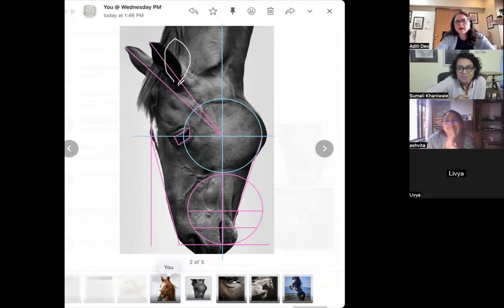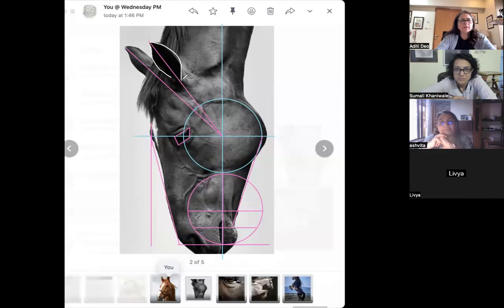And then you wonder, why is it not looking good? Because we just don't see these angles unless we actually focus and say, where does this line go? This is a shorter line, and this is a longer line that first goes outward and then comes inward. So you have to really talk to the line.